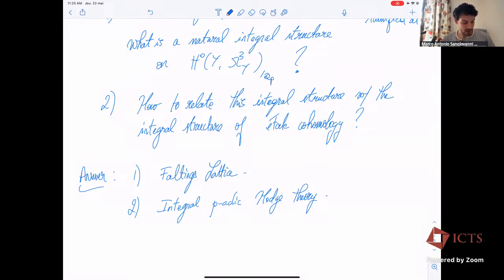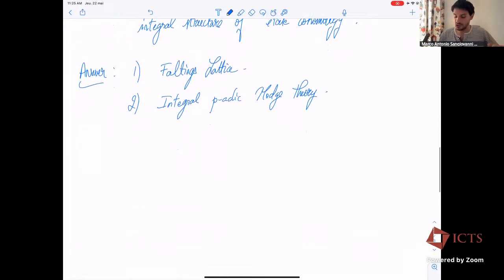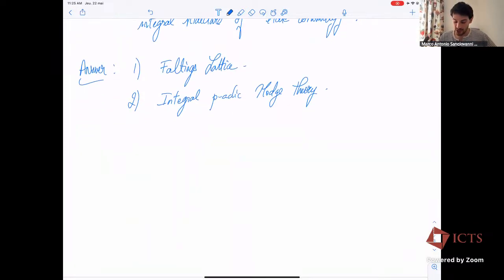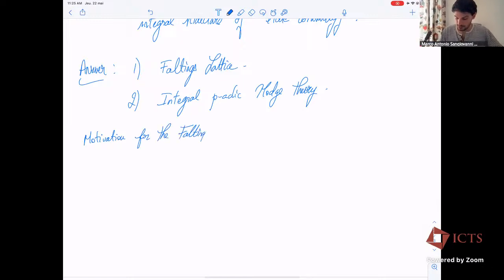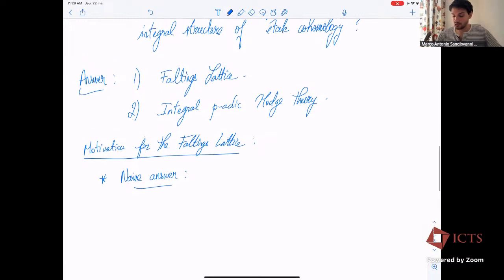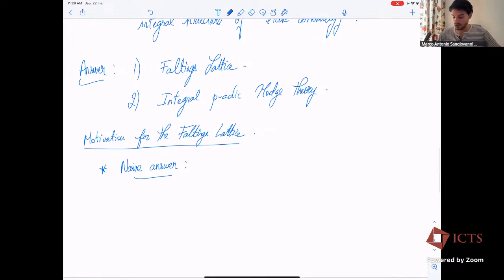Okay, so first, let me try to motivate the answer to one, the Faltings lattice. So again, the naive answer to one is to keep the same integral structure.